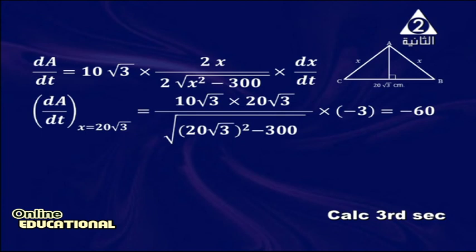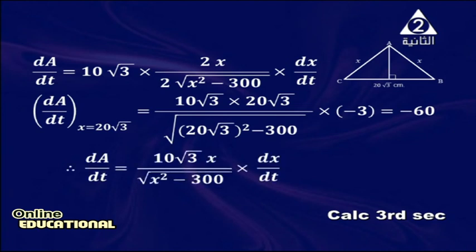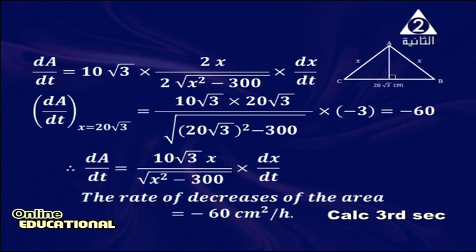Then dA/dt equals -60, and we can write the rate of change of the surface area of the triangle equals -60 centimeter squared per hour, or the area decreases at -60 centimeter squared per hour.